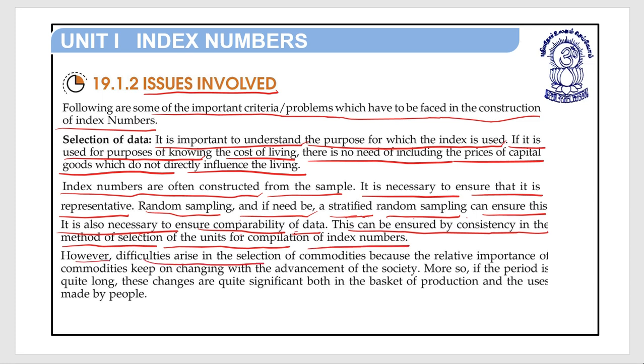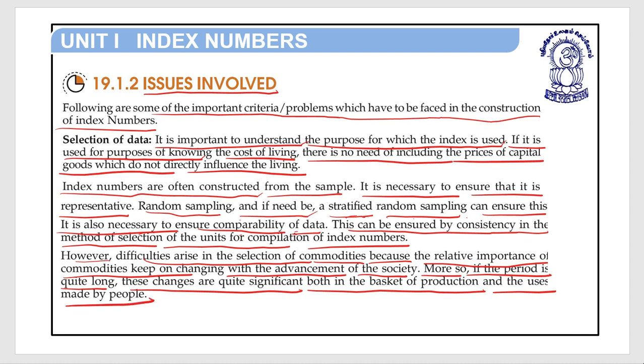However, difficulties arise in the selection of commodities because the relative importance of commodities keeps on changing with the advancement of the society. More so, if the period is quite long, these changes are quite significant, both in the basket of production and the uses made by people.